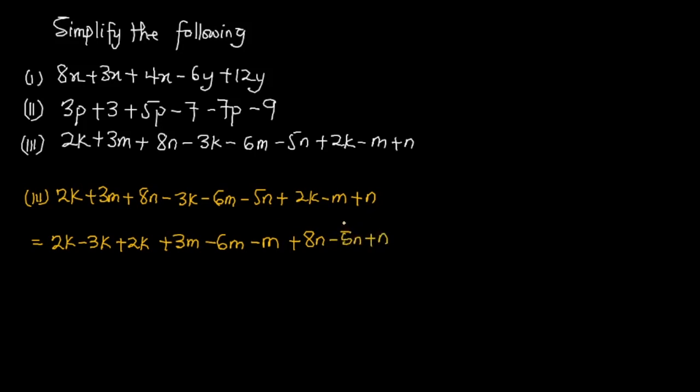Now you have to be very careful when you are grouping like terms so that you don't forget one of the variables or one of the numbers that you have in the equation. So always count to see if what you've rearranged is the same as what you have at the top. So we have 1 2 3 4 5 6 7 8 9. So I have here 1 2 3 4 5 6 7 8 9.